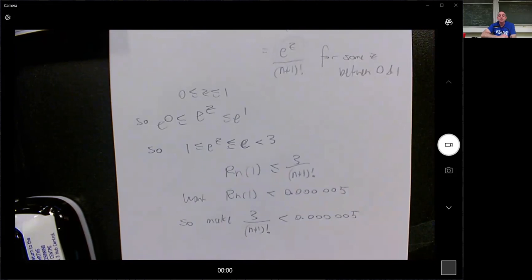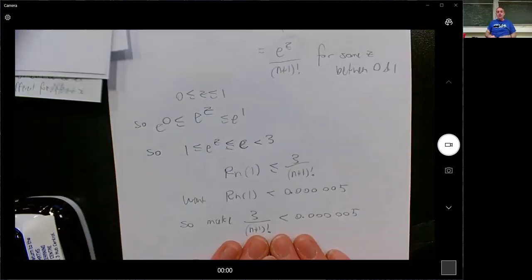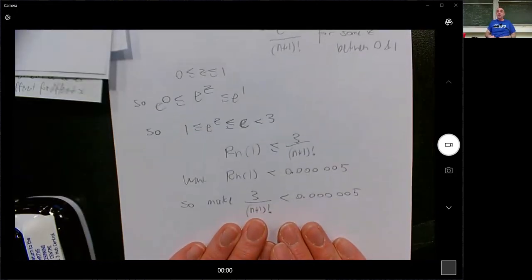Okay. So I've been talking through this very slowly. If you were in an exam, you'd be able to do this a lot quicker because you wouldn't have to be explaining it aloud. Okay, so I need to solve this equation to figure out what the smallest n that works is.